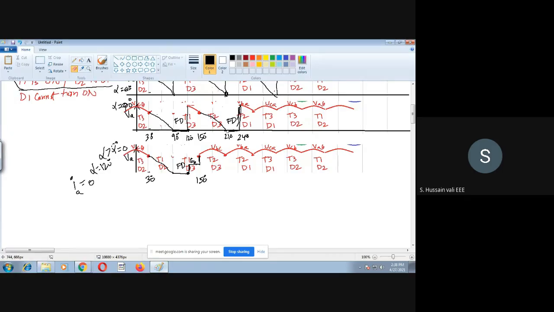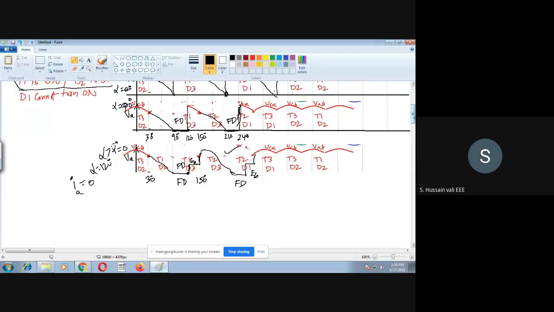So 150. This will be there, then you have this, then this EB is there. This part is EB, whereas this part is the freewheeling diode.